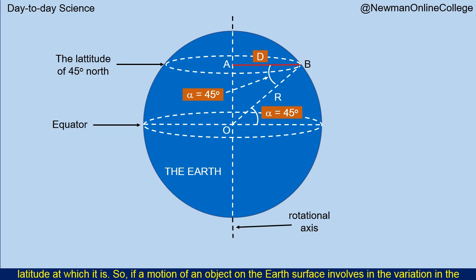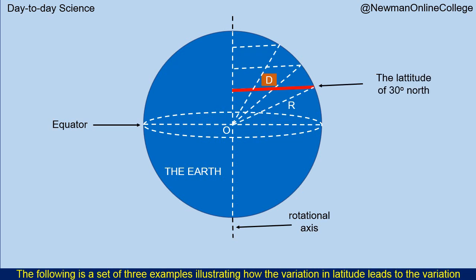So, if a motion of an object on the Earth's surface involves a variation in the latitude, the distance from the object to the Earth's rotational axis also varies. Because of the momentum conservation law, the variation of this distance, in turn, leads to the variation of the angular velocity of the object around the Earth's rotational axis. This variation finally turns the inward flows of air into something like circles, which are tornadoes or tropical storms, depending on the location where they are.